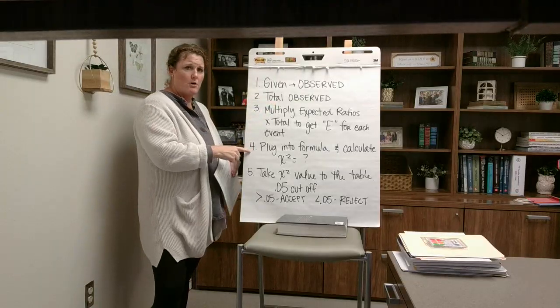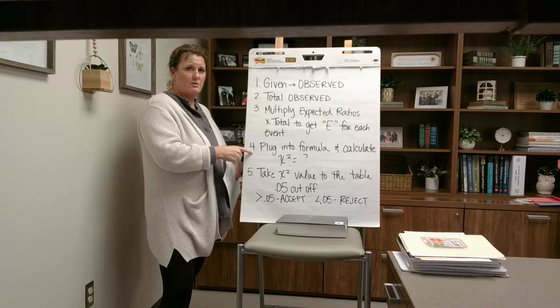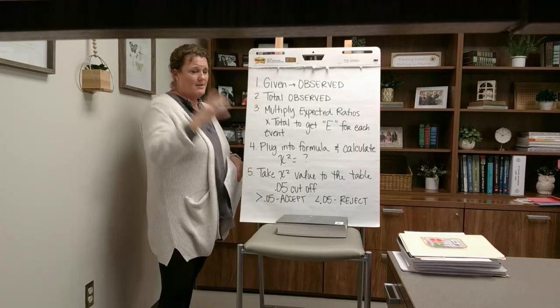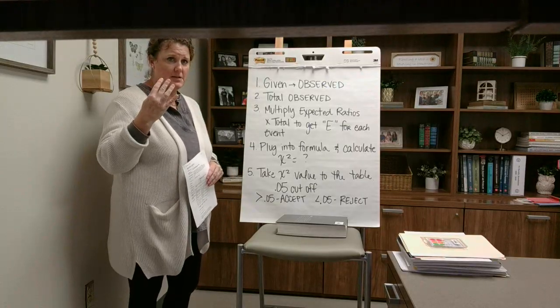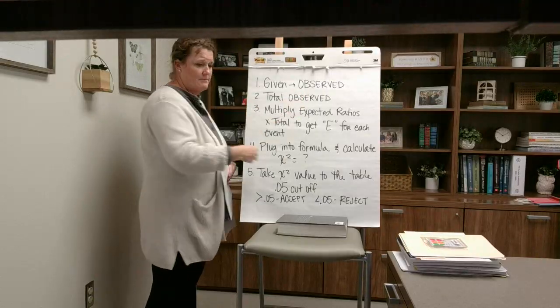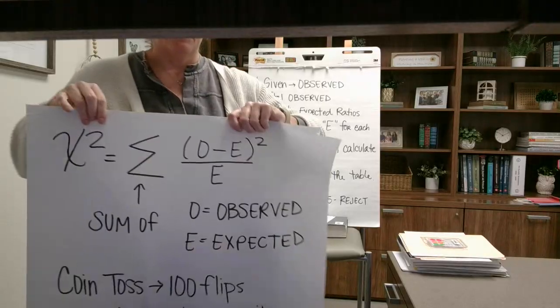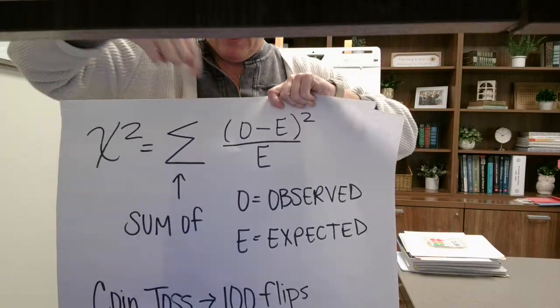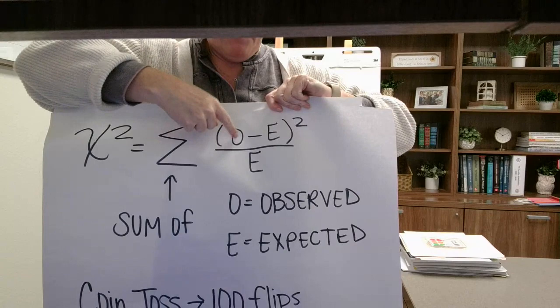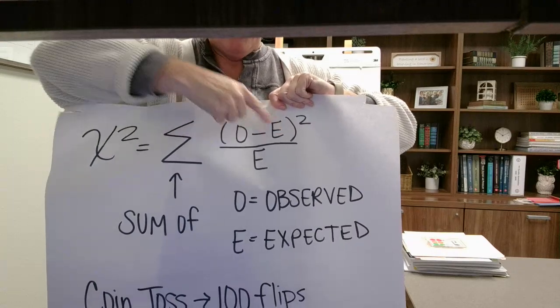Now, once you get your O's and your E's, this is where you plug it into the formula. Okay, and so if I had 4 different phenotype possibilities, I'm going to have 4 different sets of values. And this is where the sum of comes in. Okay, so I take my first number, my observed, minus the expected. I square it.